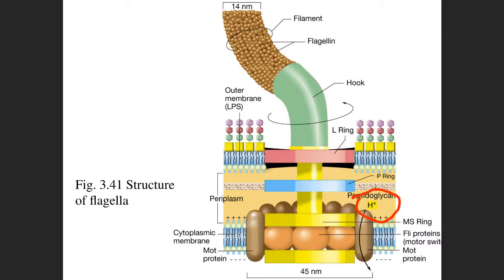And it's also very interesting that the hook part is bent, and the flagellum itself is kind of bent, almost like a corkscrew. Remember, you open the wine bottle, you use a cork, right? You turn and it just goes in, and then you turn the other way, it comes out, right? Think about using that.